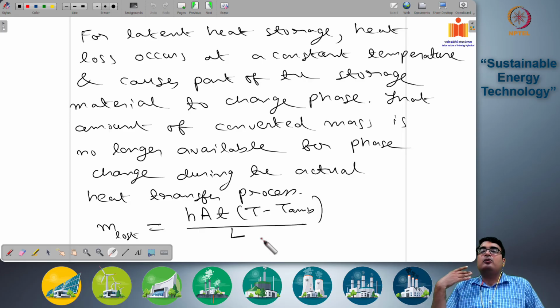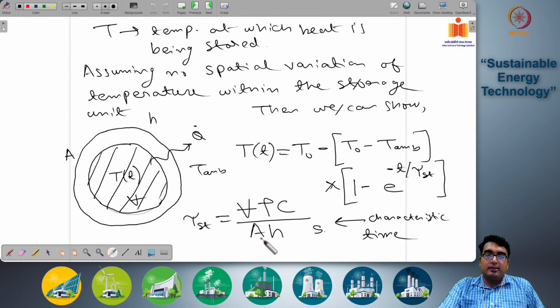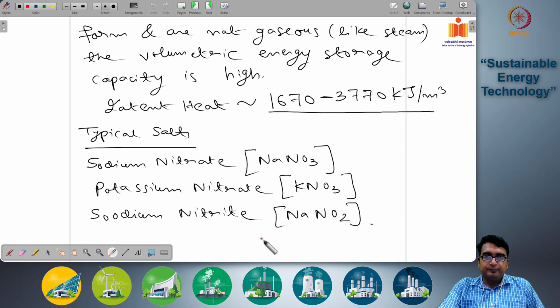Okay. So here L is the amount of heat that is being absorbed or released during the phase change process per kg of the material. So when we discussed previously these values of latent heat, this is the L that we are talking about.